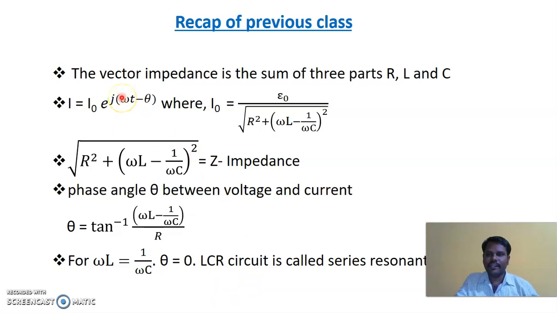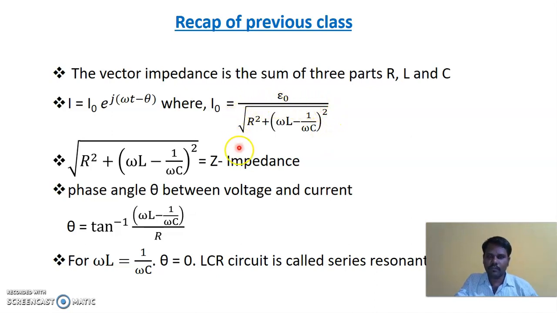You have seen in an LCR series circuit, the vector impedance is the sum of R, L, and C. The current is given by I is equal to I naught e power j (omega t minus theta), where I naught is equal to epsilon naught divided by square root of R square plus (omega L minus 1 over omega C) whole square.